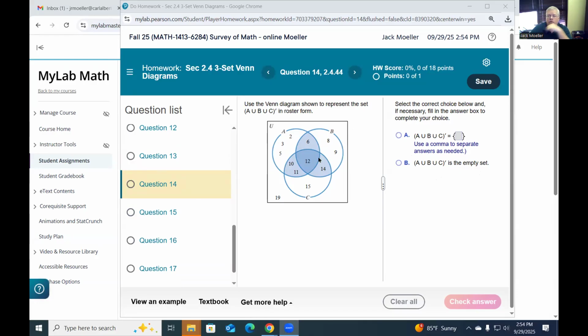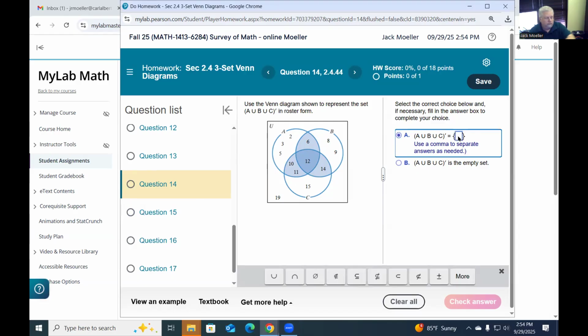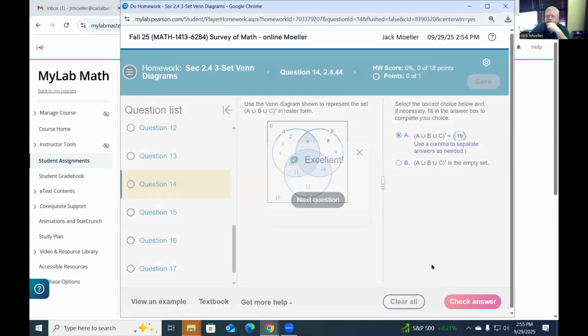So the union of all three was all of the sets. So it's everything in A, everything in B, everything in C. The complement is none of that. So we don't want anything inside the circles. So that means that's 19. Because we do inside the circles first, that's the parentheses, and then we toss it all out, and what's left over is the 19.